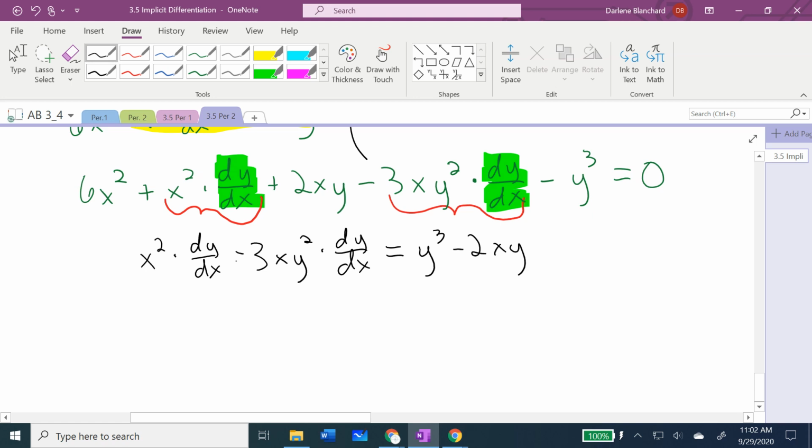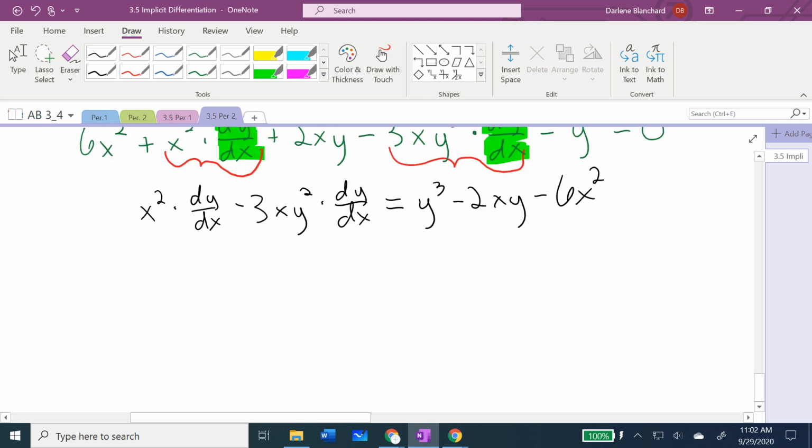And I'm going to subtract 6x squared. Then I look at my dy dx's and realize that they are a common factor on the left side of that equation. So I factor that common factor out, or undistribute the multiplication of dy dx.